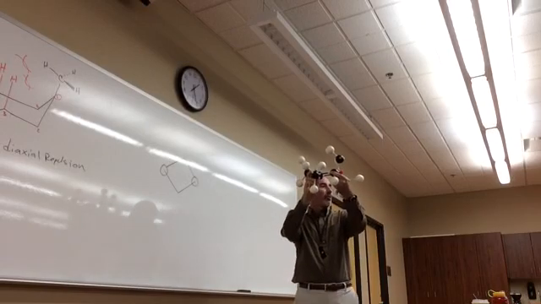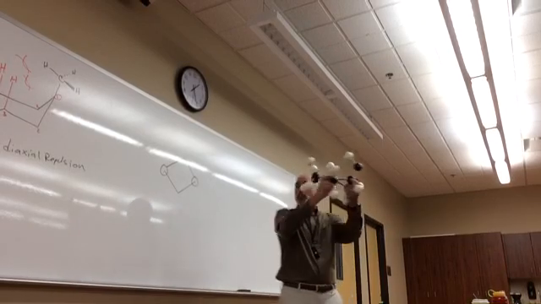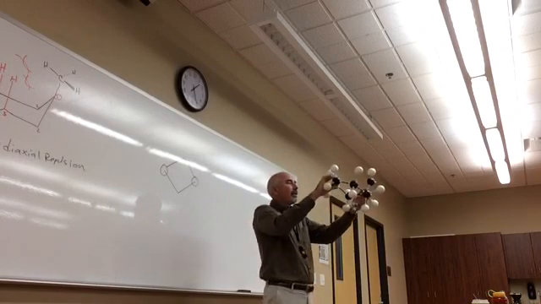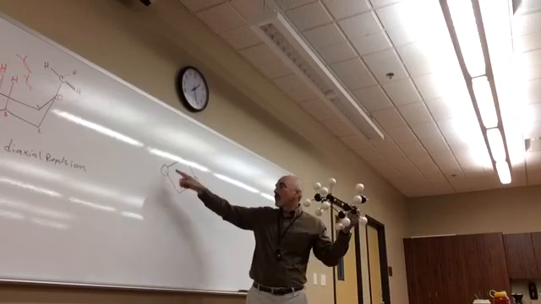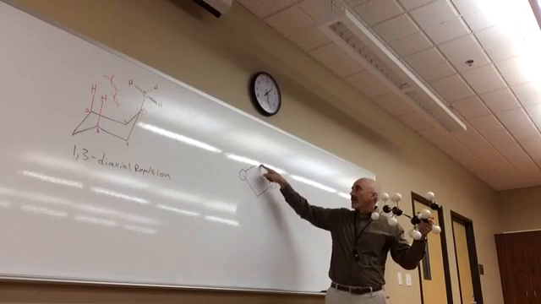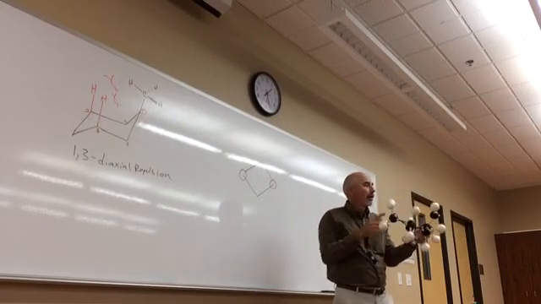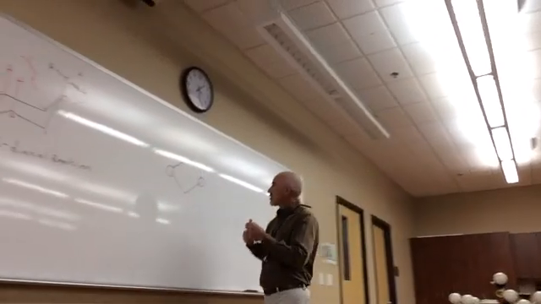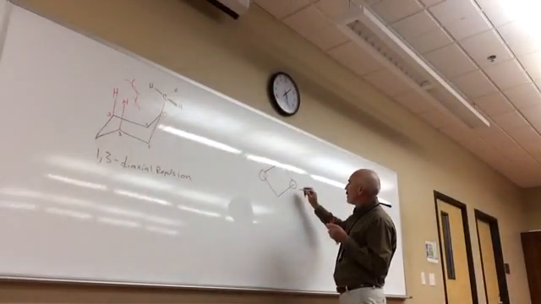So I've been showing you a ring like this. If I twist it to you like this, just rotate it and put these two groups in the same plane. That's what this Newman structure is saying here, and I have a CH2 and a CH2 there. Then you can put in the rest, so all the hydrogens just match up.